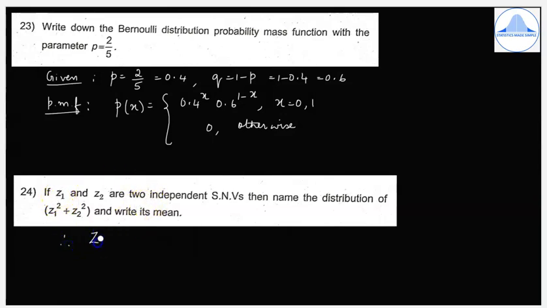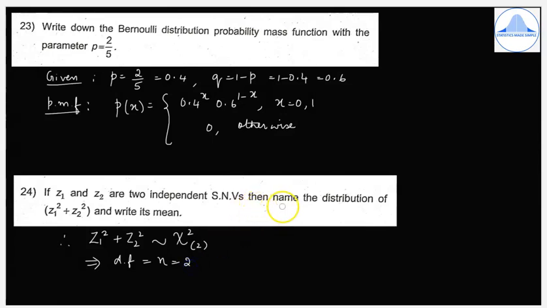So therefore, this Z1 square plus Z2 square will follow chi-square distribution with 2 degrees of freedom. So it's important to write 2 degrees of freedom. So in other words, it implies that the degrees of freedom is equal to n, which is equal to 2.